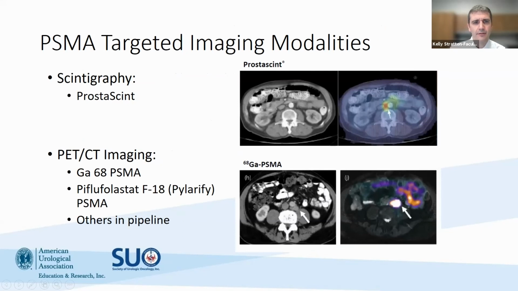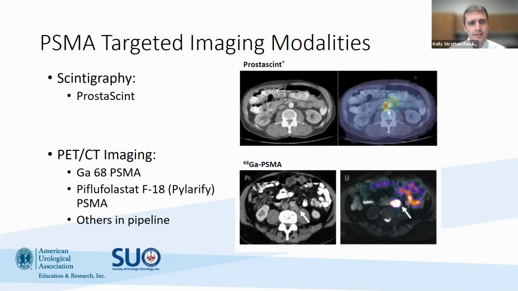And so here you have a comparison of the ProstaScint scan versus Gallium PSMA scan, and you can see that there's an intensity that is very high for Gallium PSMA. So for the PSMA-directed PET imaging, there are two different types right now, Gallium-68 and also F18.